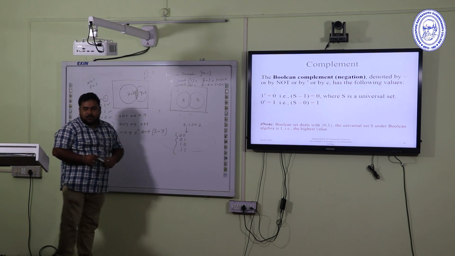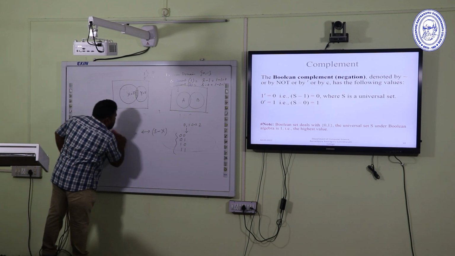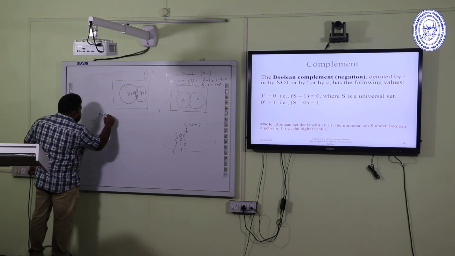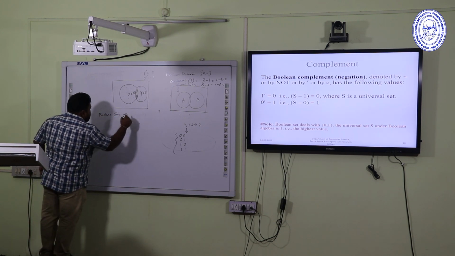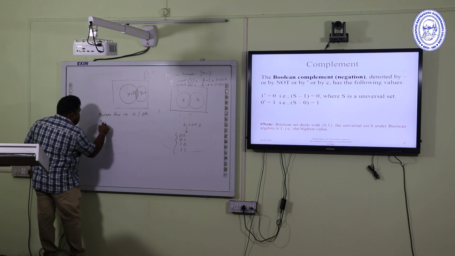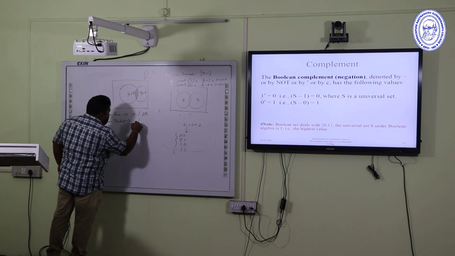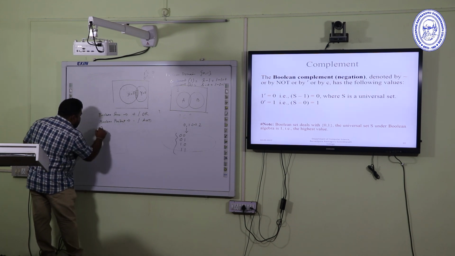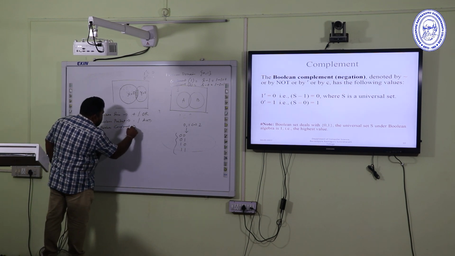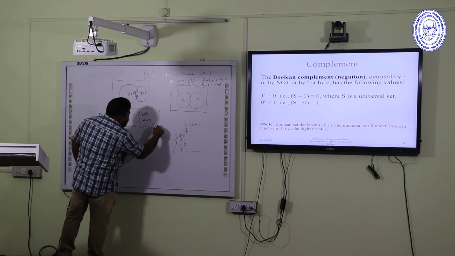So here are the three operations we can find. First one is Boolean sum, that is plus or OR, and Boolean product, that is dot or AND, and Boolean complement, that is bar or prime, that is NOT.